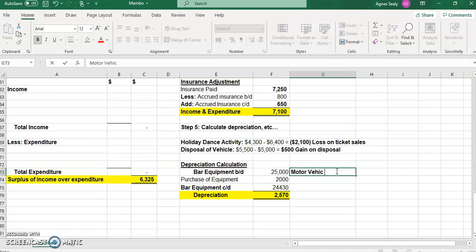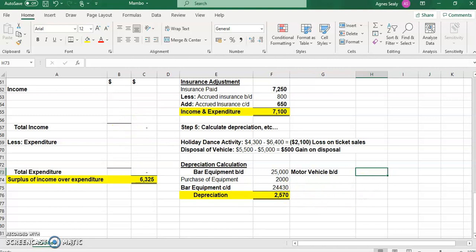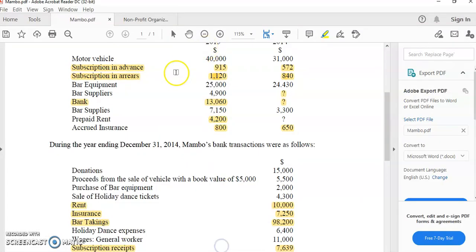and we are going to look at the opening balance for our motor vehicle. So the motor vehicle started with $40,000. The motor vehicle was $40,000 at the beginning. They ended with $31,000, but they sold a motor vehicle for $5,000.